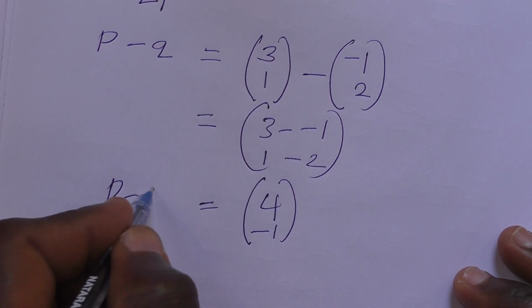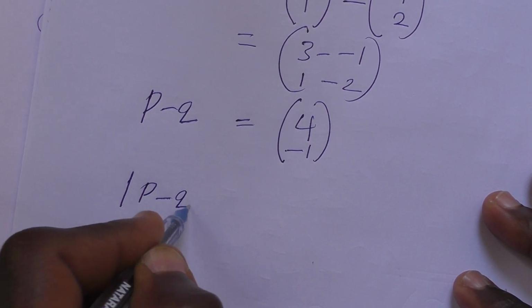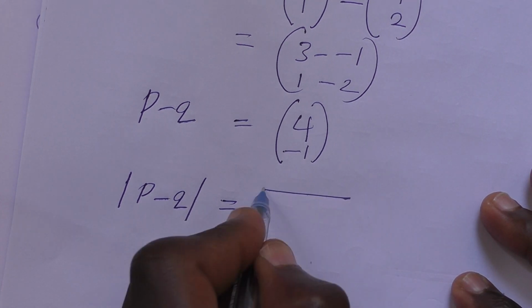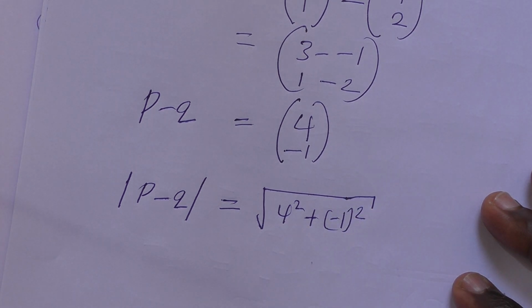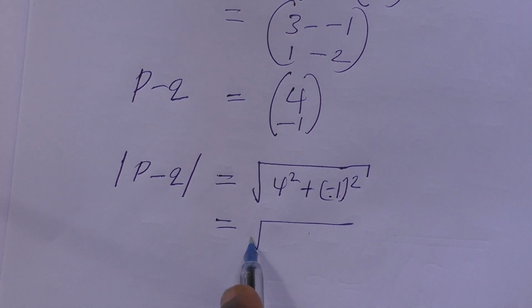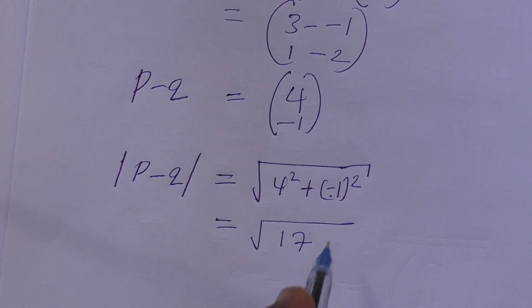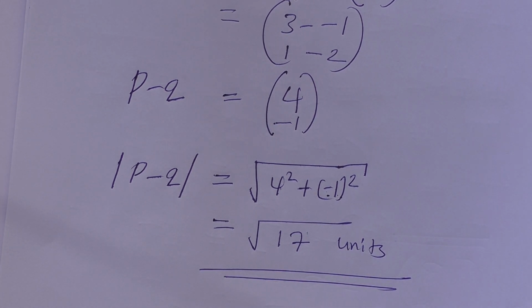So that is P minus Q. And then its magnitude will be the square root of 4 squared plus (-1) squared. The square of a negative is always put in brackets, because if you don't include brackets, that means you are getting the negative of 1 squared, which becomes -1. So that gives us root 17 units. That is how we deal with the magnitude.